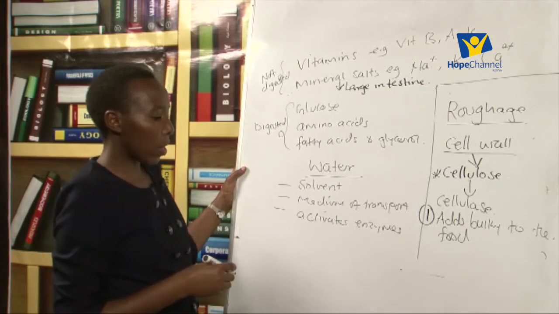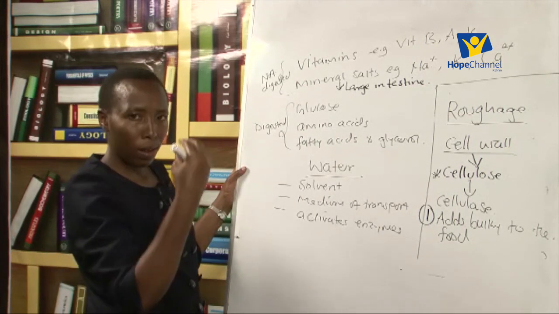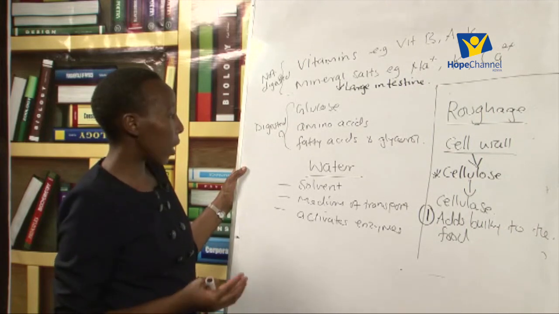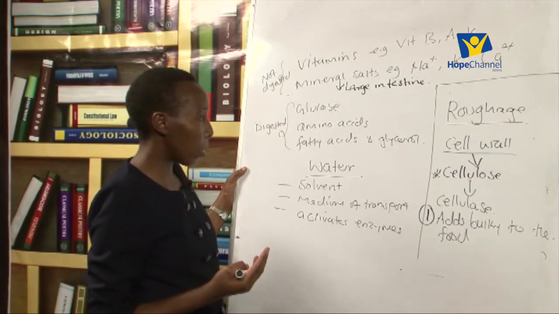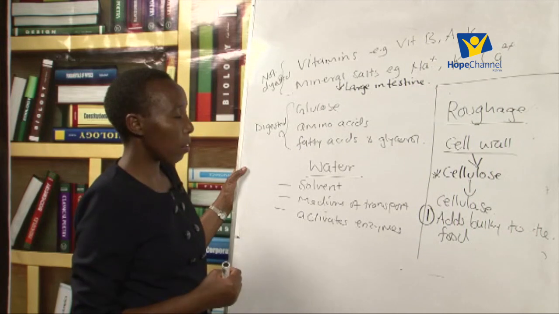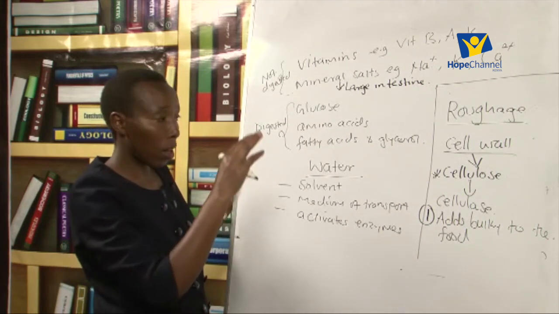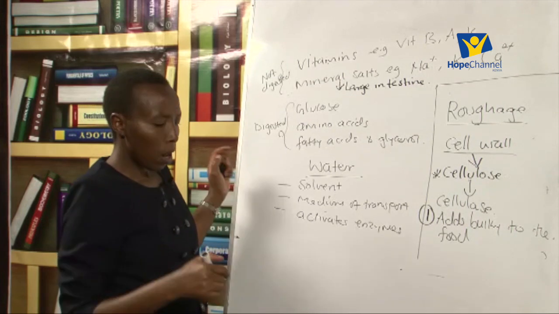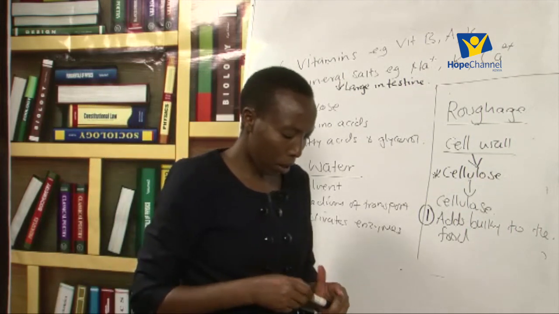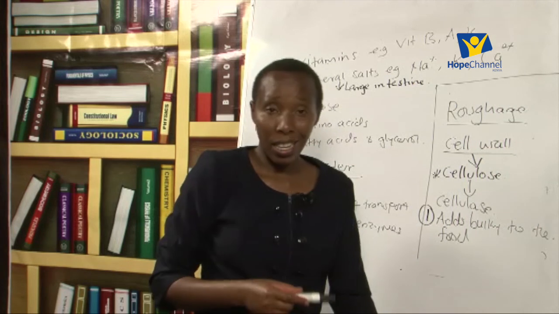But you also realize that some part of the digestive system has no role, like now the appendix. It doesn't take part in digestion, but it constitutes the digestive system. Now, what happens? Do we only take food that is digested?